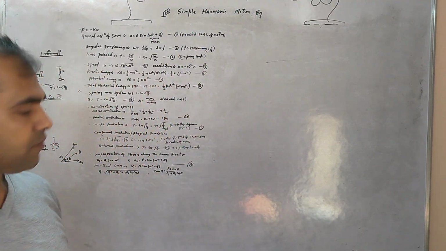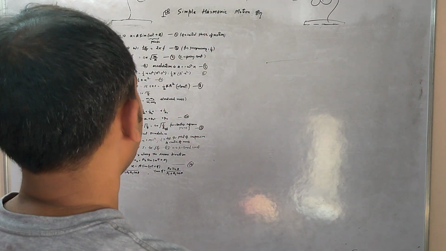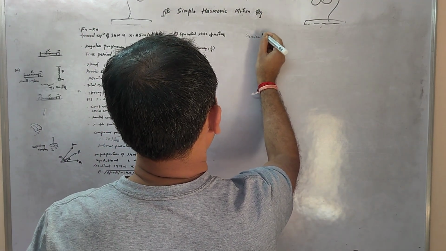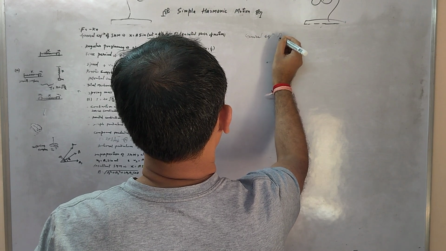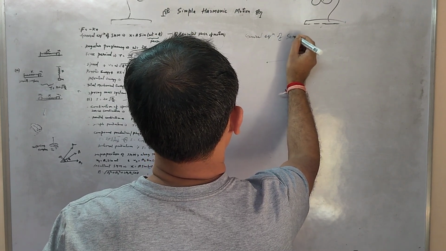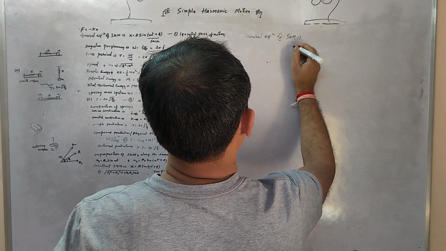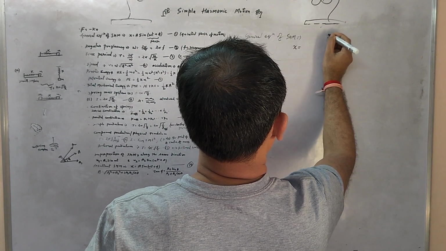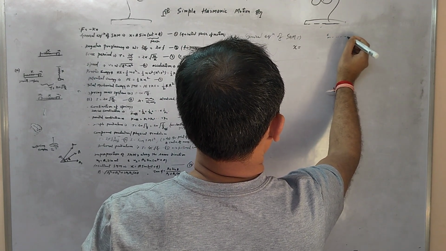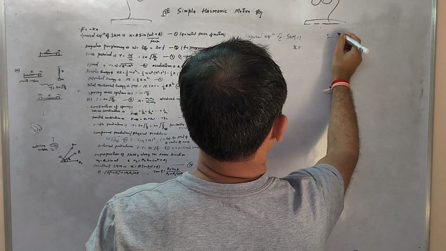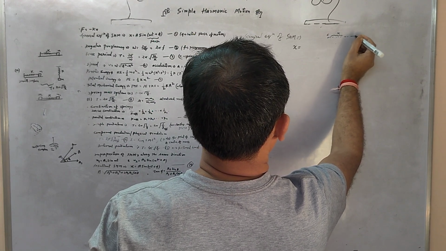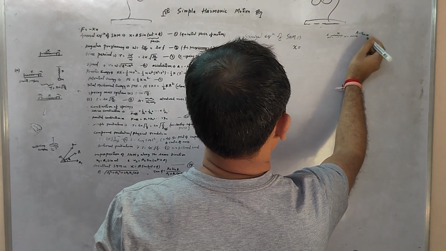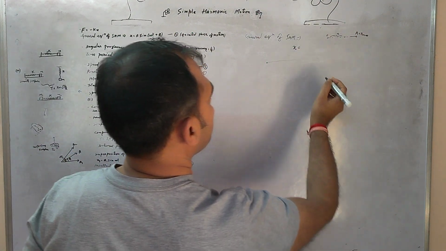Now, a general equation of SHM. If x is the displacement from this reference point, here this is x, here x maximum is equal to A, that is amplitude.